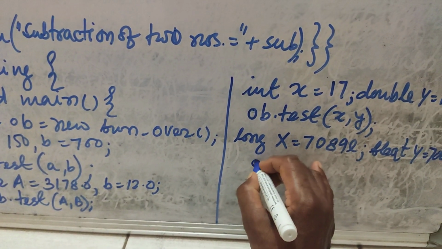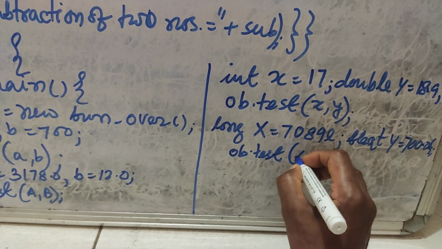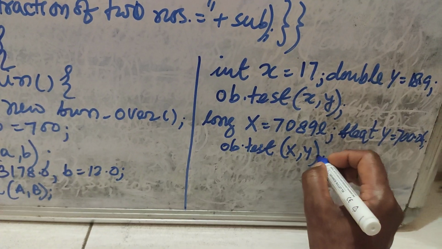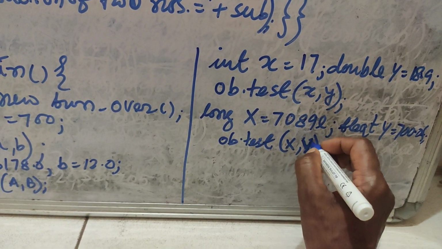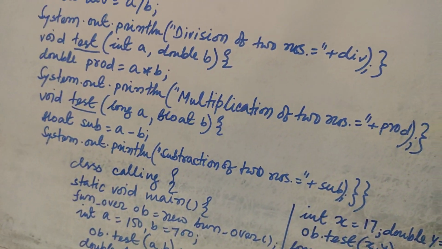Now ob dot test x y, capital Y this is, okay. Now close.